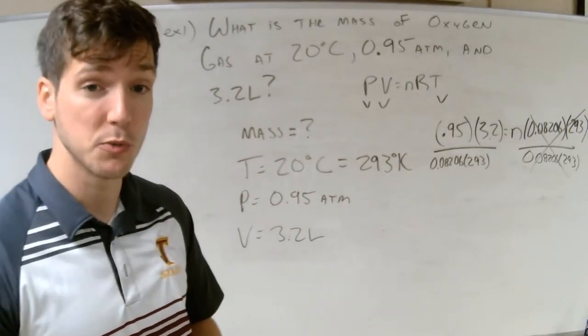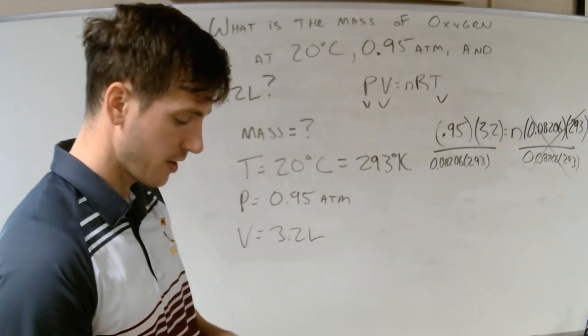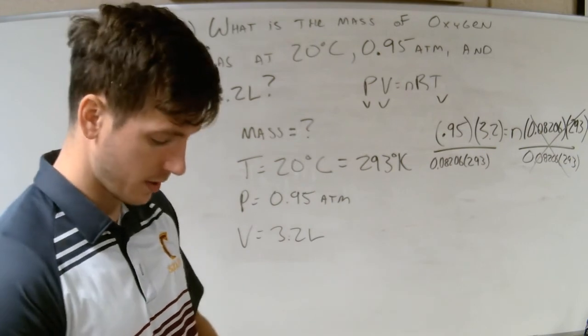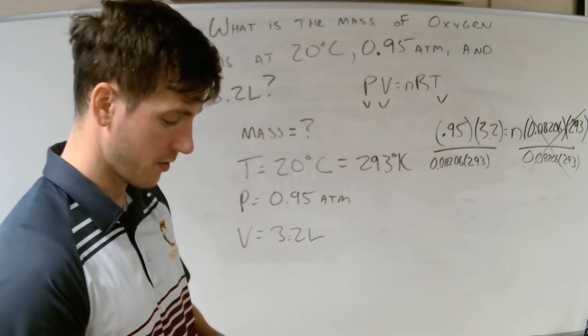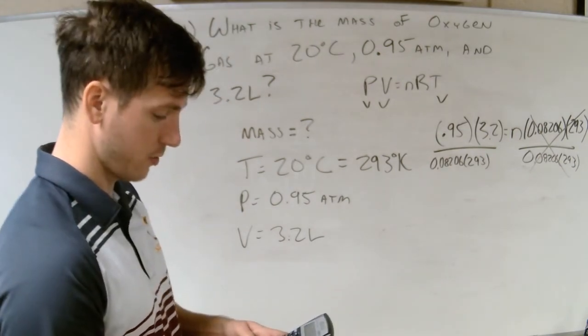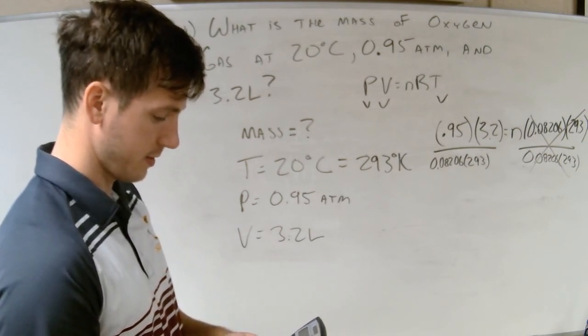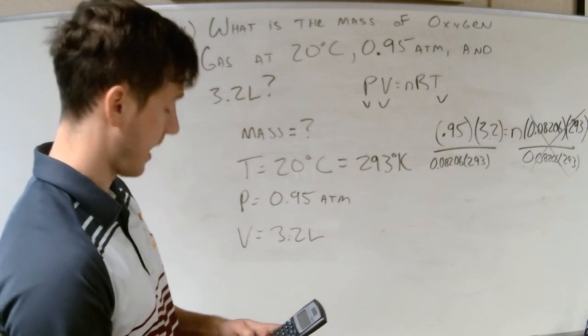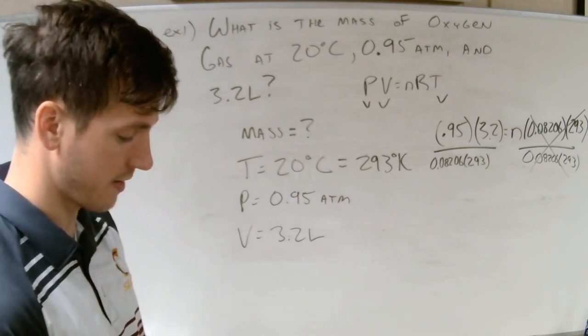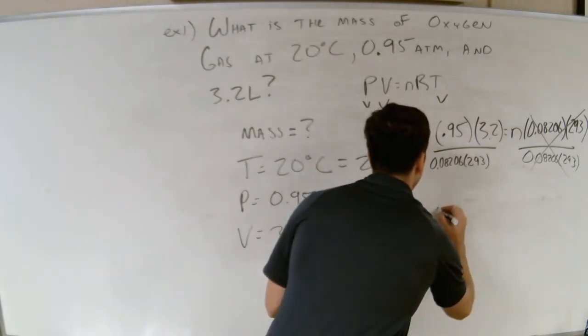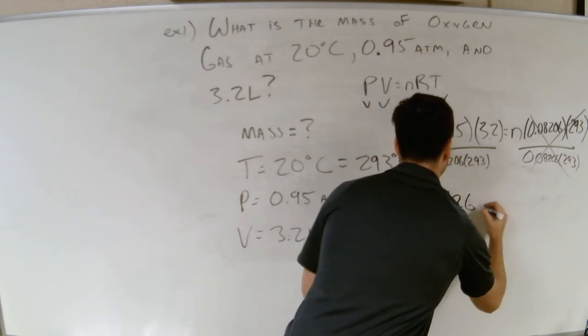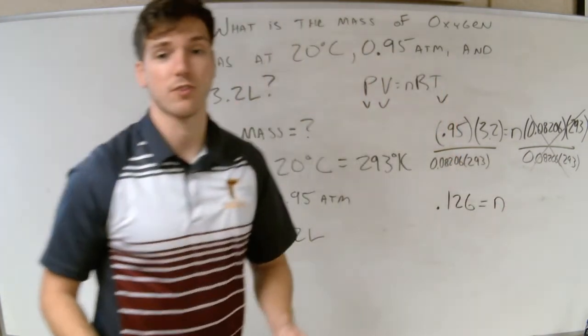And if you want to do a units check to make sure everything's aligning up A-OK, feel free. 0.08206, oops. Let's go ahead and put that in parentheses. Times 293. So on the left side, we should end up with 0.126 moles of oxygen gas.